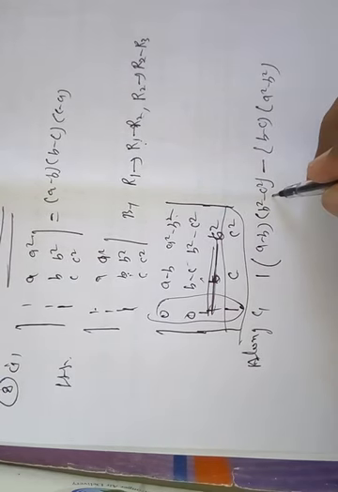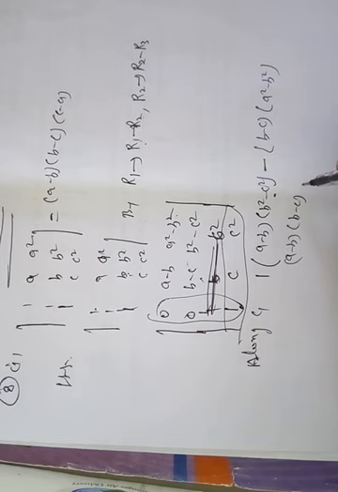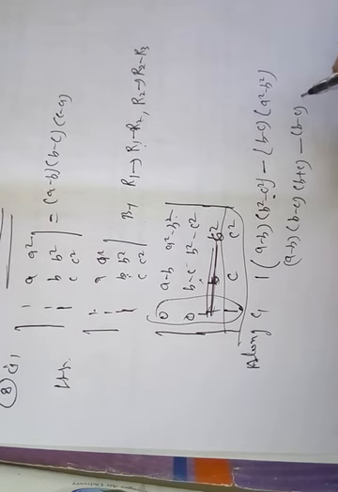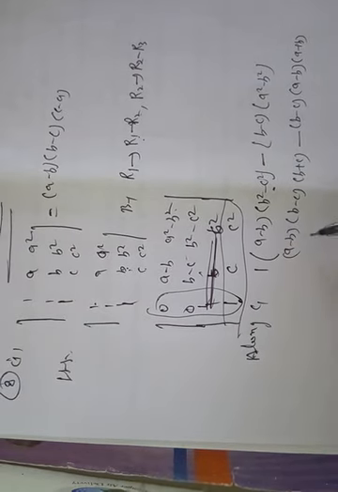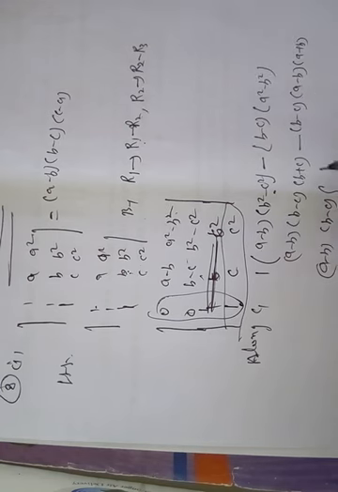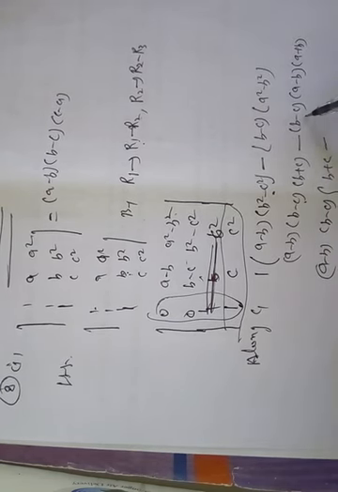A minus b, b minus c, or b plus c. You can factor b minus c, a minus b, a plus b. A minus b and b minus c are common. So b plus c here, minus b minus c, a minus b common, so this side minus a, minus, plus.